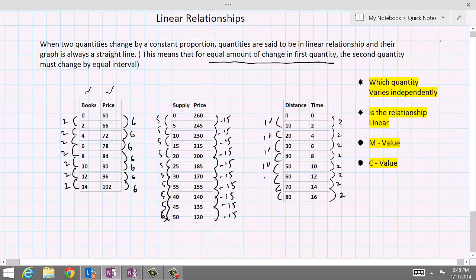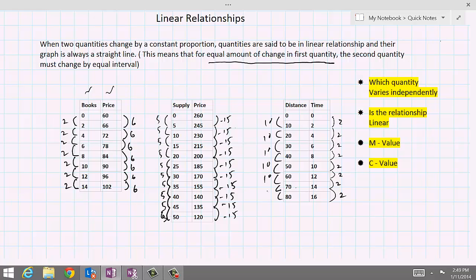So this is what we mean by, for an equal amount of change in the first quantity, the second quantity must change by equal intervals. And we have seen in all 3 different data sets that variation in the first quantity by an equal amount causes change in the values of the second quantity by equal intervals.